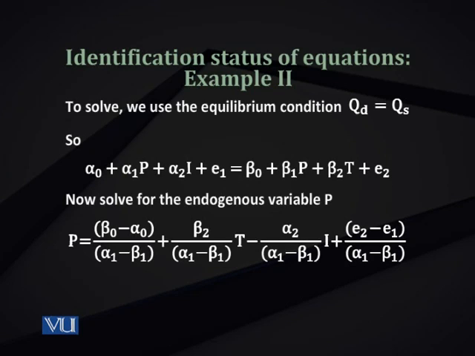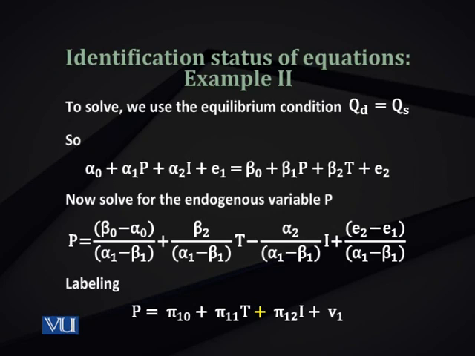As you know, we just label these expressions in terms of pi. Pi are the reduced form coefficients. So P is given as pi 1 naught plus pi 1 1 into T plus pi 1 2 into I plus V1. V1 is a symbol for the term containing the residuals.